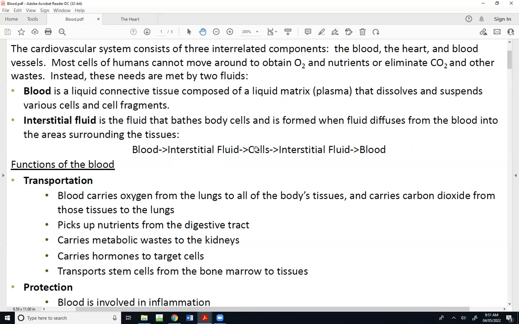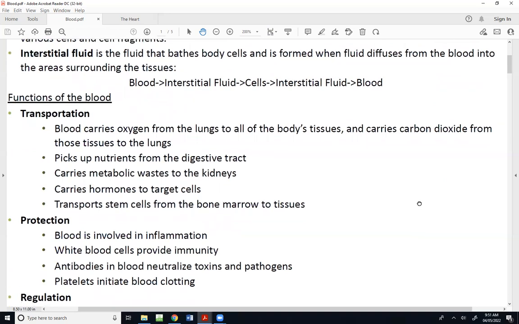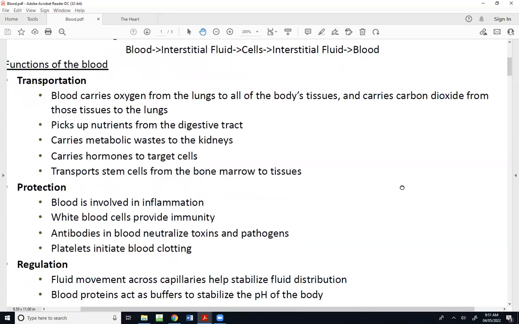Then it can be taken into cells, becoming intracellular fluid. Keep in mind that fluid never stays stagnant, nor does any fluid throughout the body. So that fluid can then leave the cells, becoming interstitial fluid again, and then go back into the blood and become part of the blood again. So it's a nice circular series of events, a nice cycle of this flow.